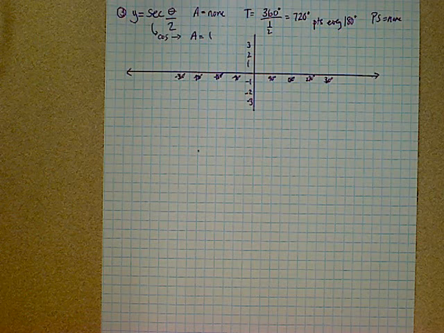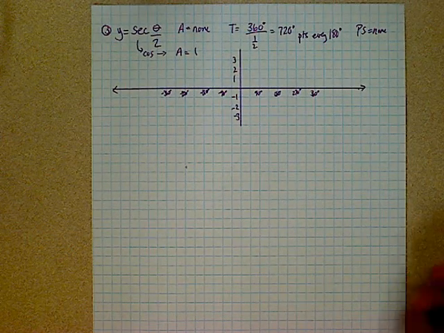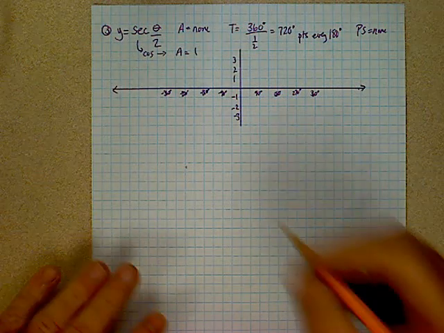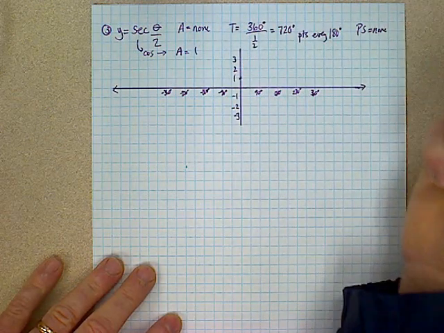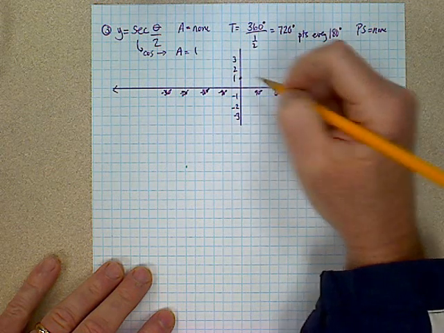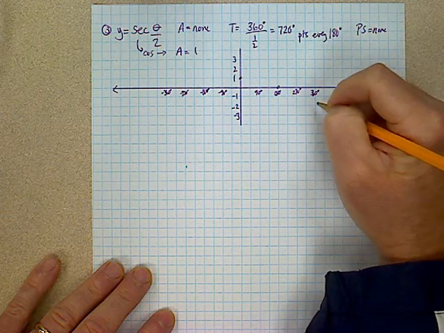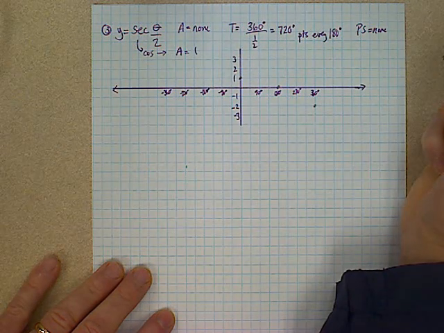And let's see what we can do. Don't see any shifting, but there is going to be some flipping of things because of the reciprocal. So what we want to do here is graph cosine first, which starts at the top. Points every 180 degrees, so we're going to go top, middle at 180, bottom at 360.